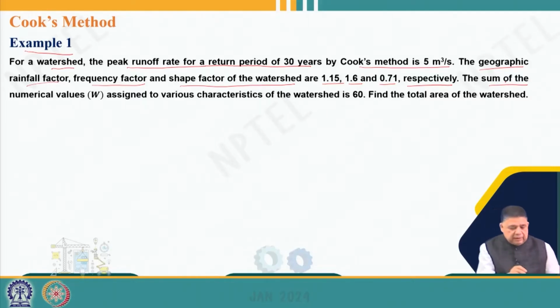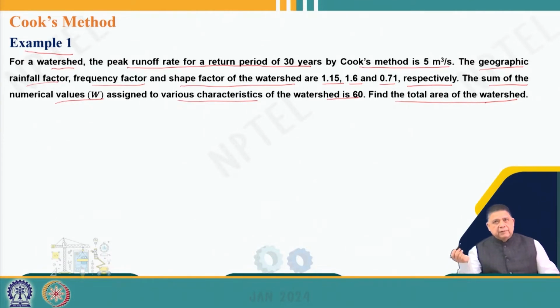The sum of the numerical values assigned to various characteristics of the watershed is 60. Find the total area of the watershed. So, that is an inverse problem where we have been given the discharge and various other characteristics and we have to find the total area of the watershed.